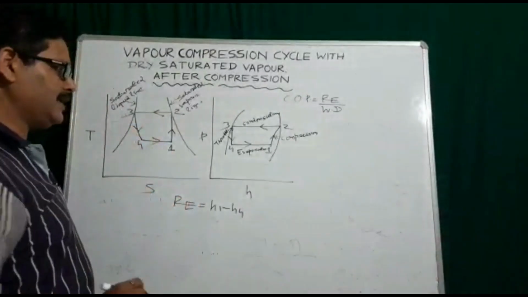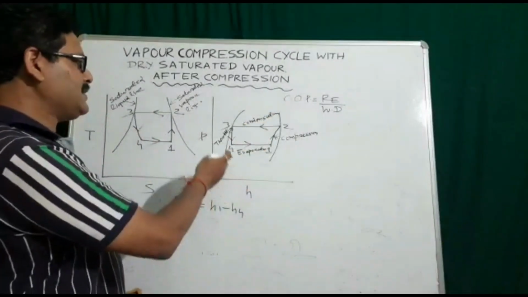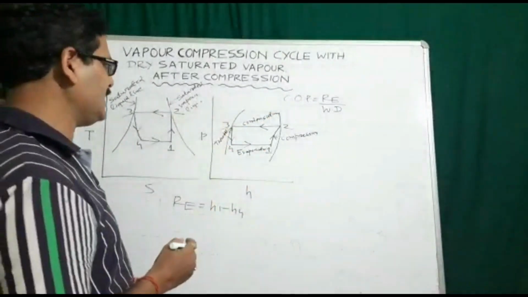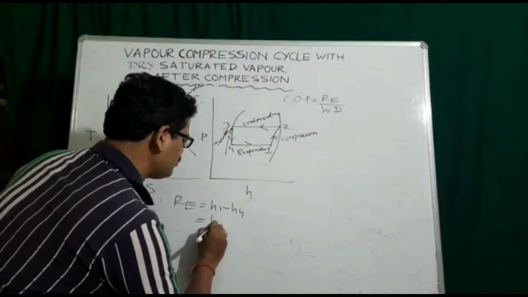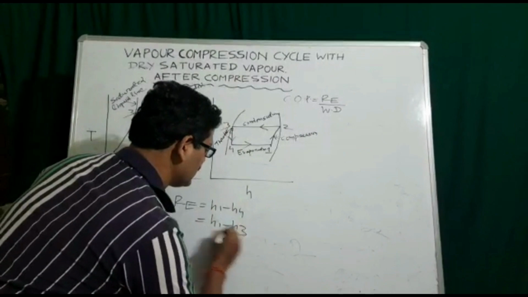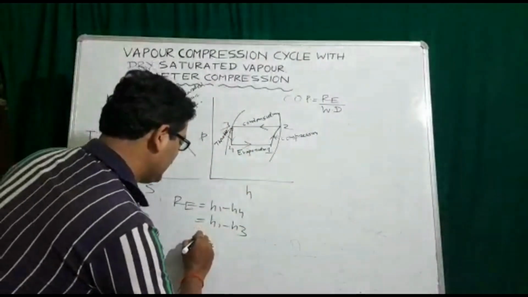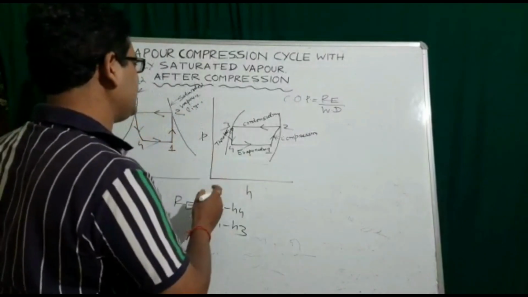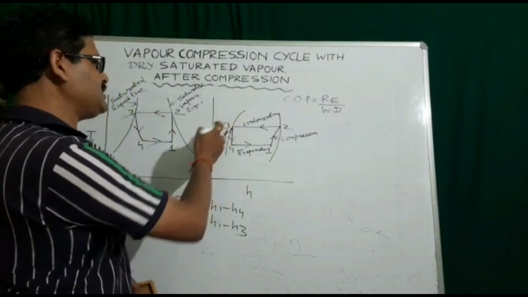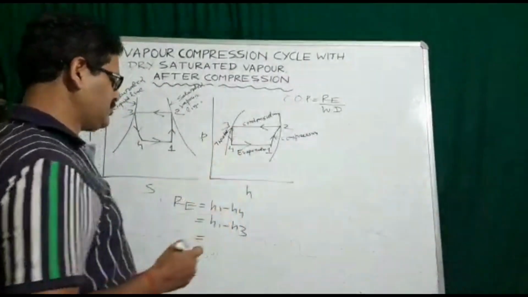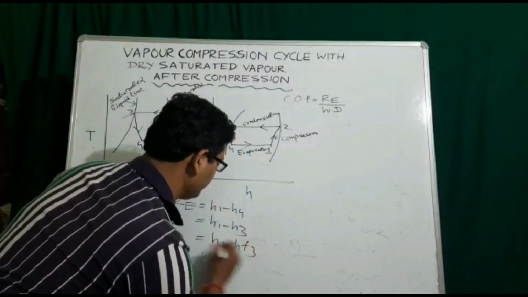All of us know that 3-4 is an isoenthalpic process. So you may represent this as H1 minus H3, because H3 and H4 are the same, and this H3 is nothing but hf3, because point 3 is lying on the saturated liquid line. So this is H1 minus hf3.